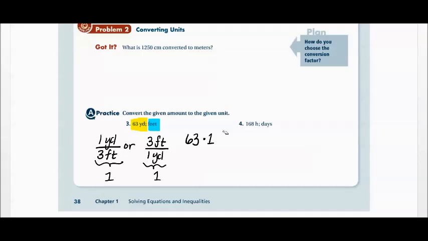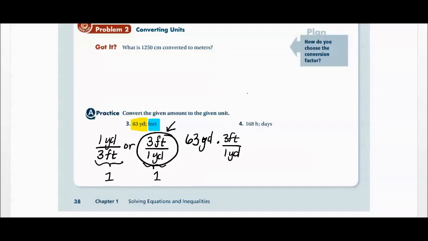But the one I'm going to multiply it by is going to be this one. So it's 63 yards times 3 feet over 1 yard. Now the reason I chose this second one here is because I want the units to cancel.